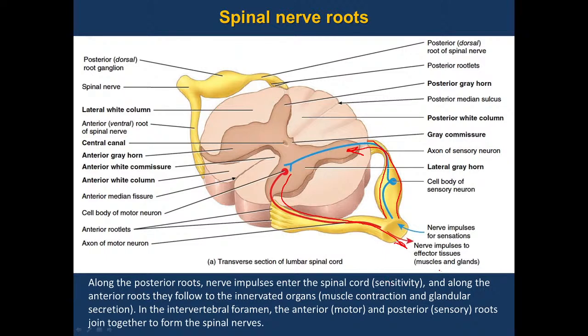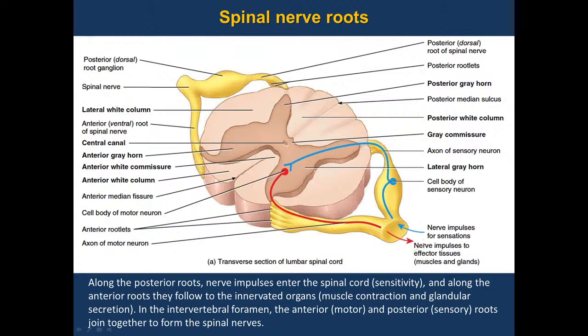And in the intervertebral foramen, posterior and anterior roots combine and join together, forming the spinal nerve.